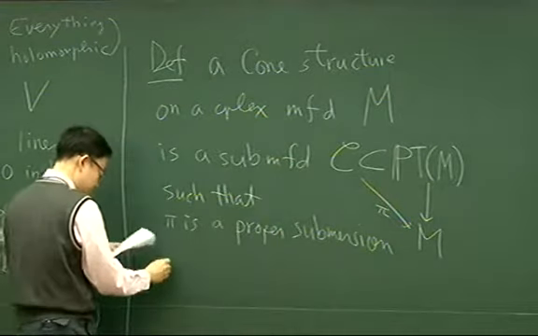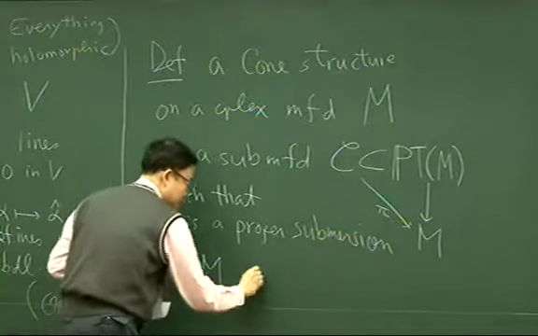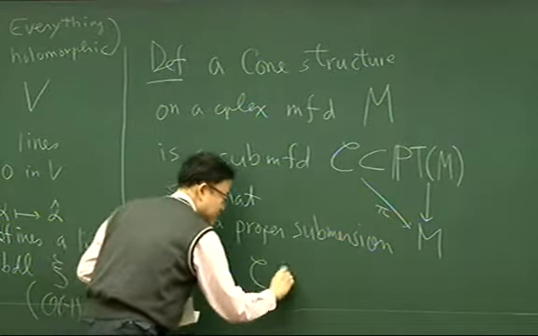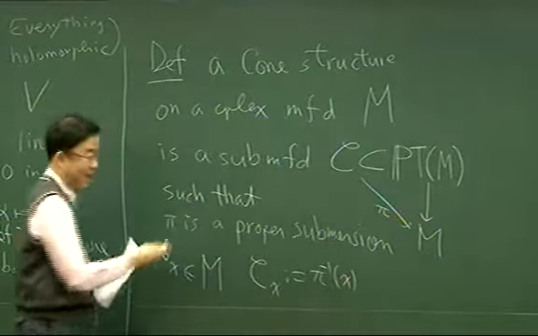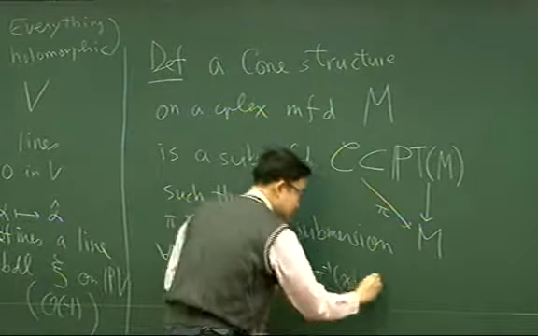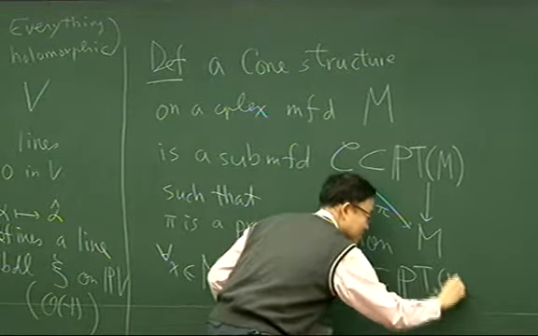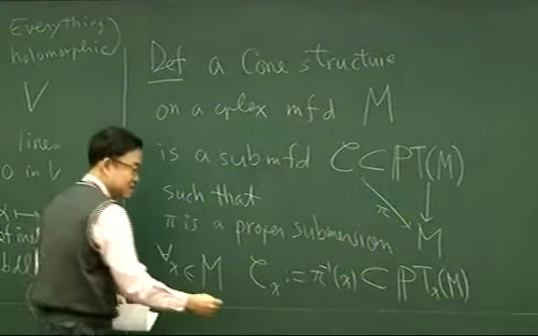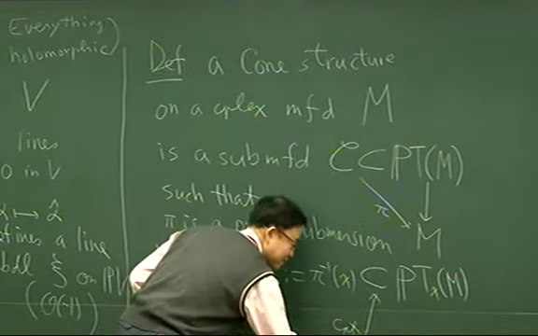So in other words, for each point x, the fiber C_x at that point, now this is just inside the tangent space. So this is now a compact submanifold.